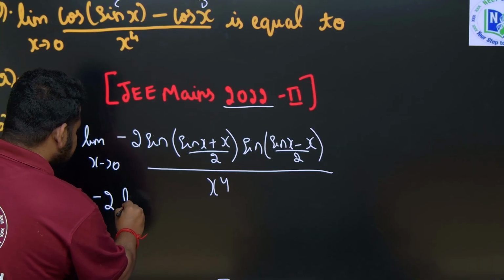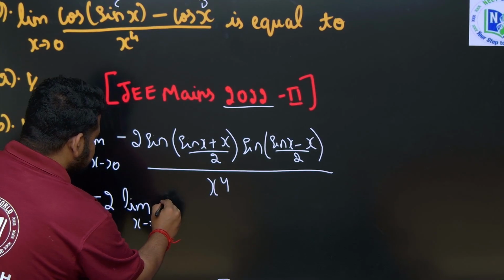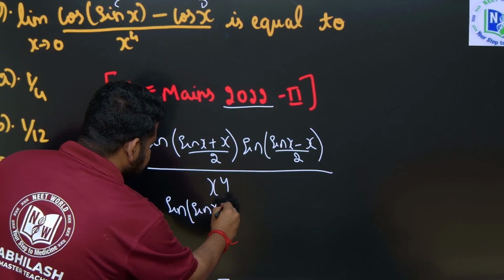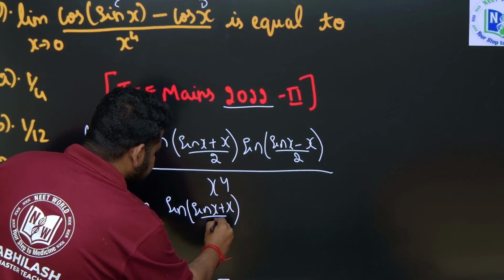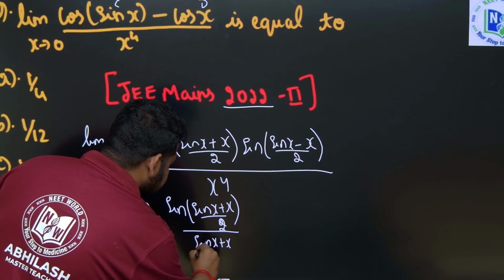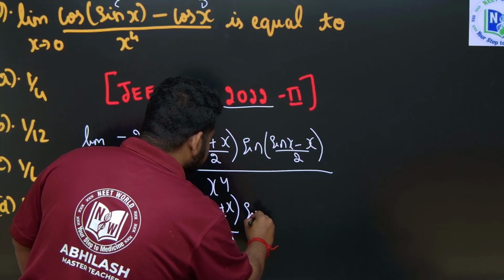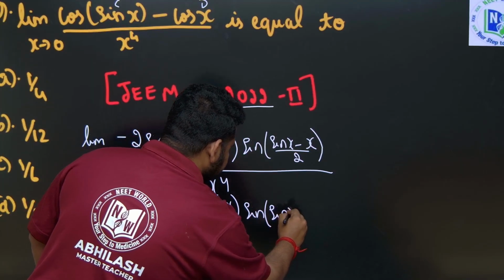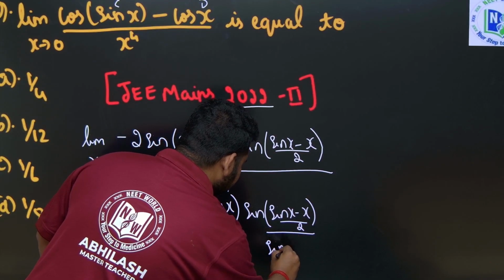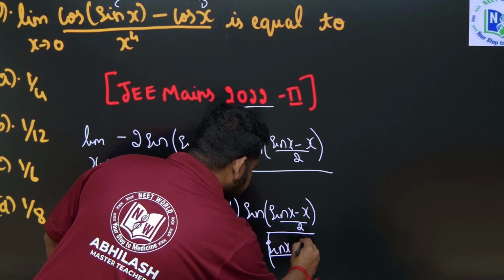So this will be the limit as x extends to 0, of sin of (sin x plus x) by 2 divided by (sin x plus x) by 2, next sin of (sin x minus x) by 2 divided by (sin x minus x) by 2. This is what I have.